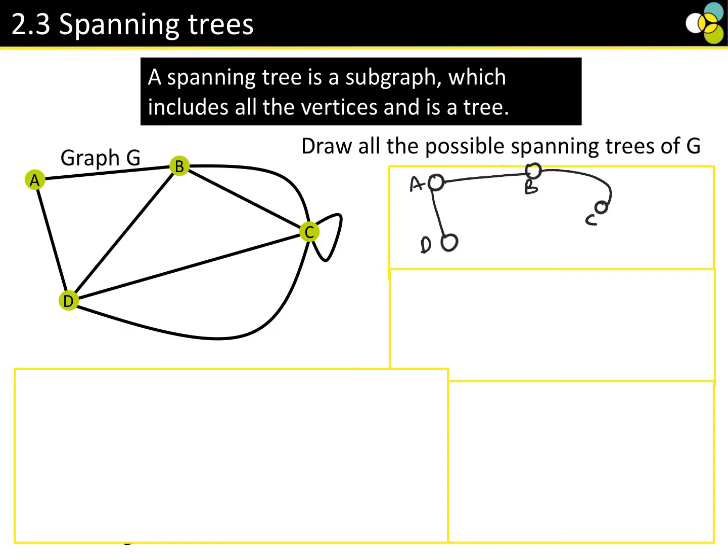So it's a subgraph of the original graph, but does not have any cycles. We could do the other way with A, D, B, C, where we have A to B, A to D, and D to C. I can only use the arcs that are provided to me. We could also have A, D, B, C. I didn't use that one.